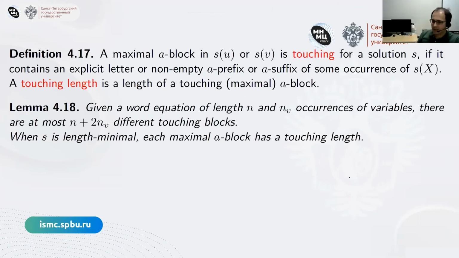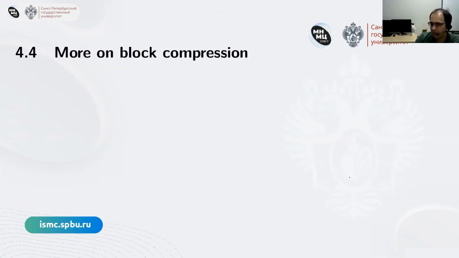So at some point I told you that the maximal blocks of A's are of at most exponential length. But at the same time, if you think about it, then those lengths are not that much needed. So if there is a variable and we pop A to, let's say, 150, and there is some Y, and there is an explicit letter A next to it, and we pop A to 152.